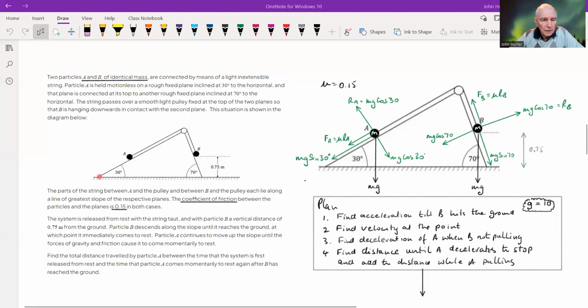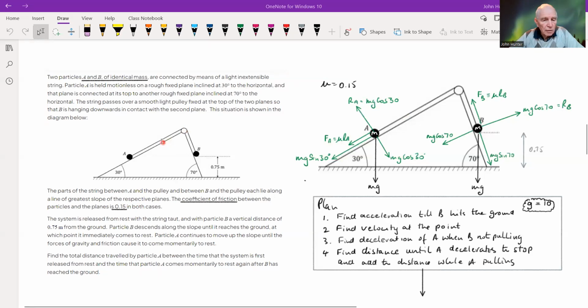Now, rather than go through this first paragraph, I think we can see these if we've done this sort of thing before. A couple of particles on inclined planes connected by a light inextensible string over a smooth pulley. That's the kind of normal assumptions.